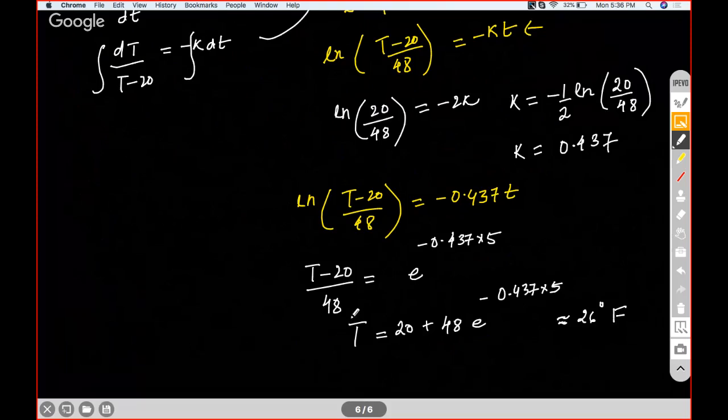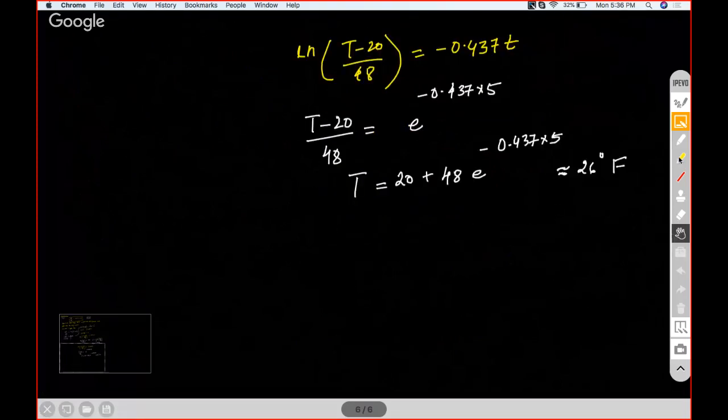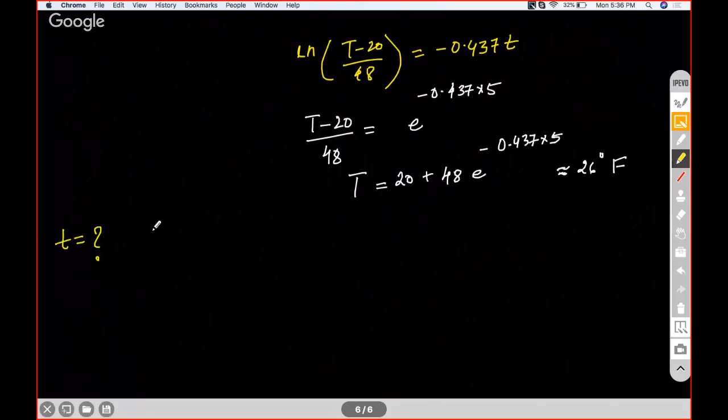How long will it take for the temperature to fall to 21 degrees Fahrenheit? So what is the time when the temperature has fallen to 21 degrees Fahrenheit?